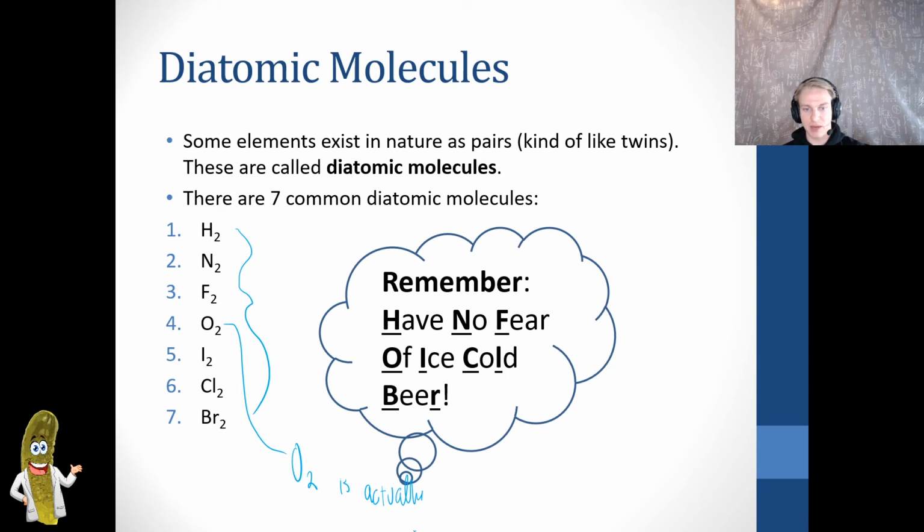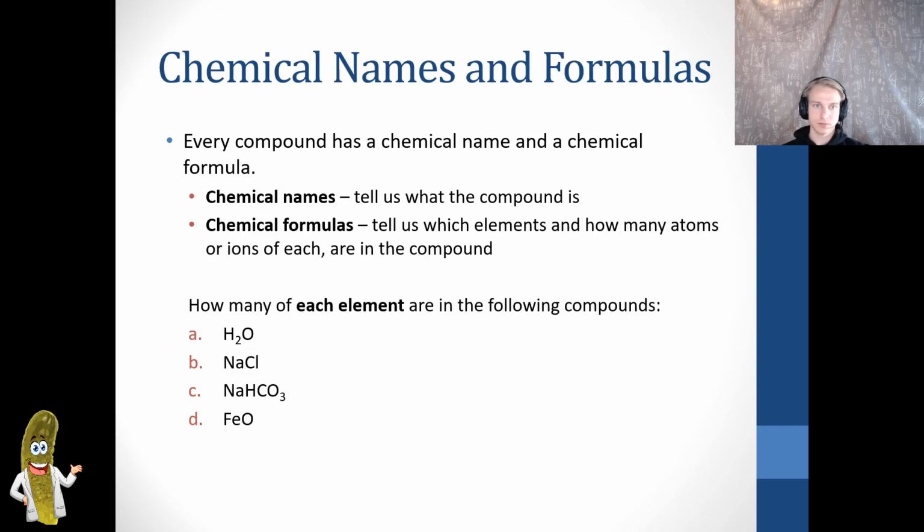You're not just breathing in pure oxygen. You are actually breathing in O2. And so what we will get to eventually with this unit is we will get to both the chemical names and chemical formulas of each of the compounds that we are developing.